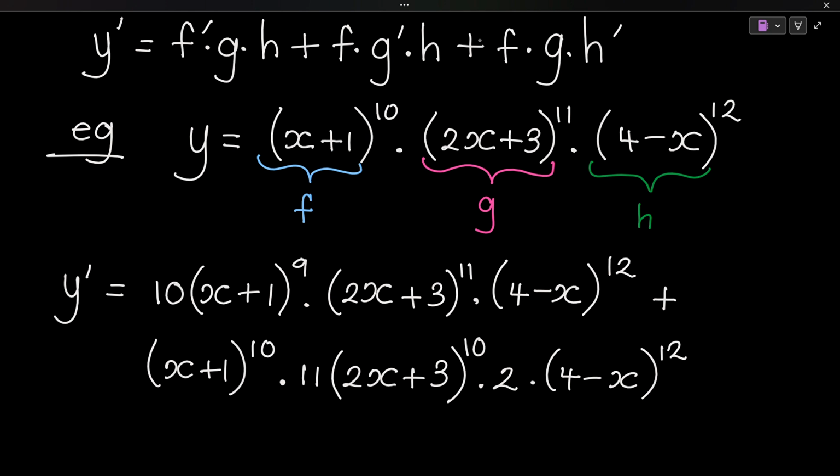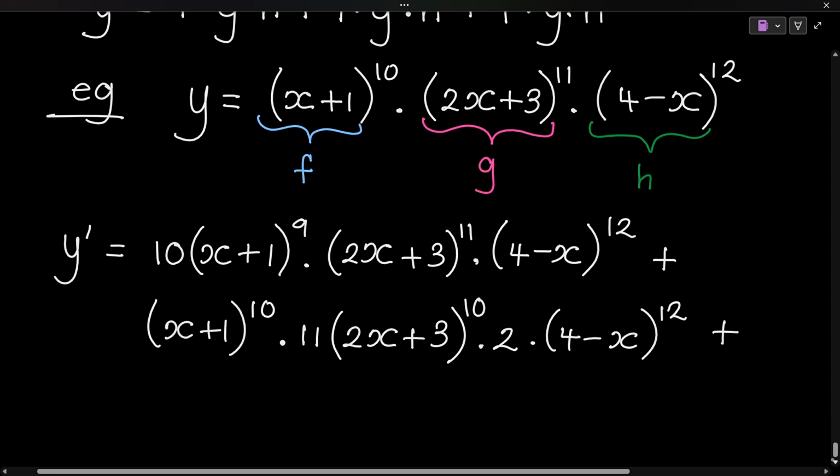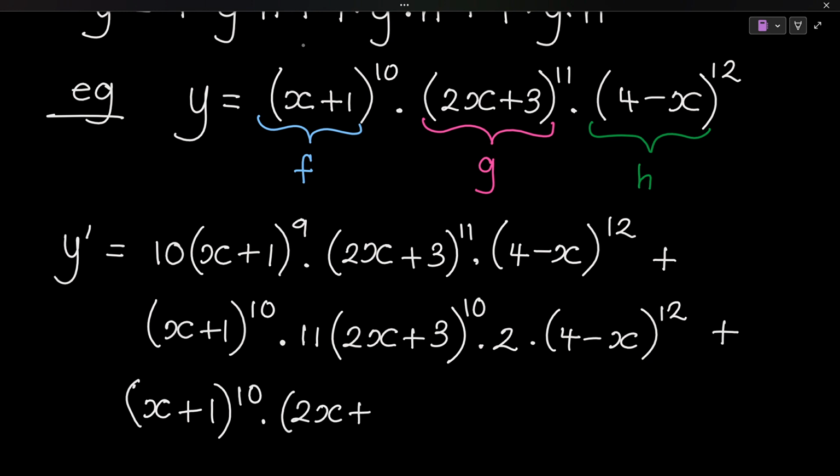We've differentiated g. For the third term, it's f times g times h prime. So we are now going to keep the first two functions as is. So we'll have (x plus 1) to the power of 10 times (2x plus 3) to the power of 11.